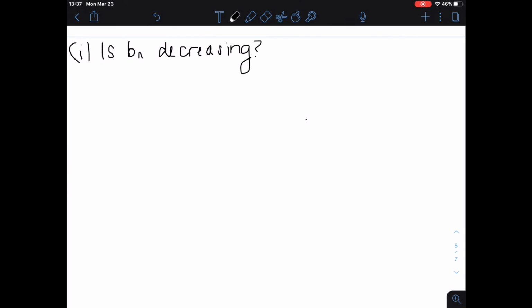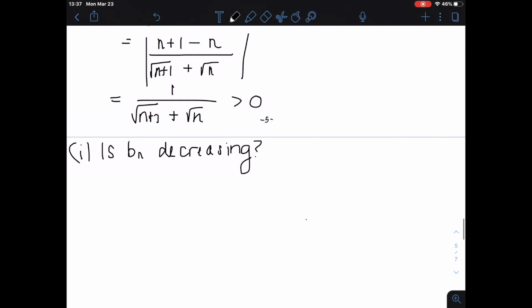Okay. So we're going to define a function, and we want to show that the derivative is going to be less than 0. So you could do this for this root function in the fraction.